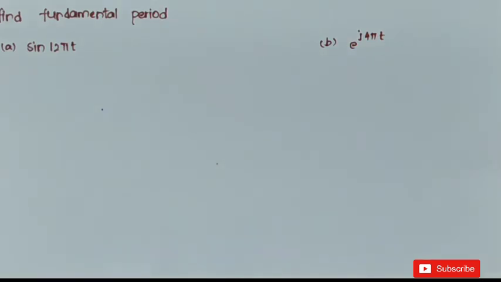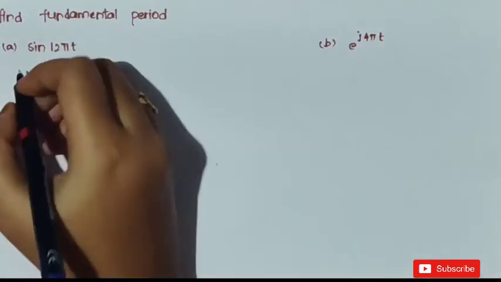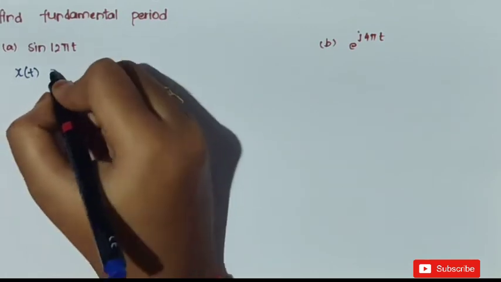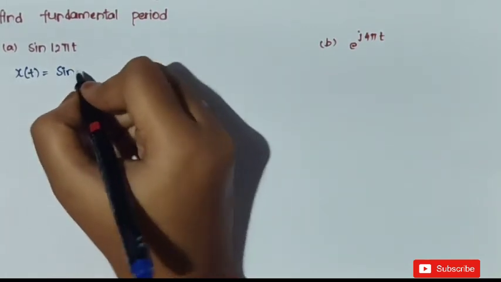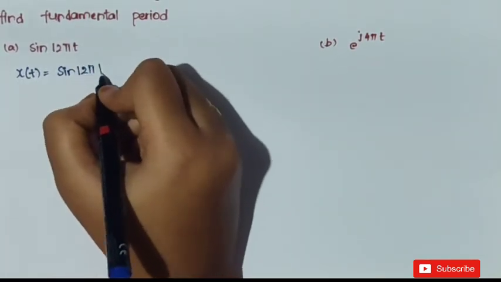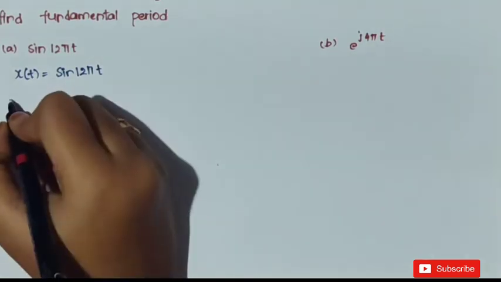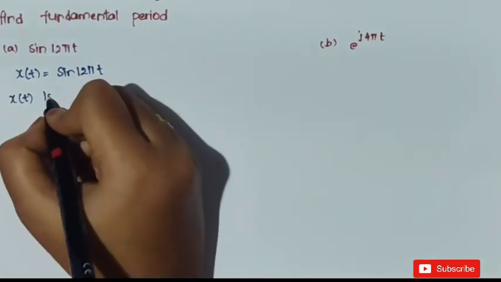First question is sine 12 pi t. We already know that all sinusoidal signals are periodic. Given x of t is equal to sine 12 pi t. Since x of t is a sinusoidal signal, it is periodic.